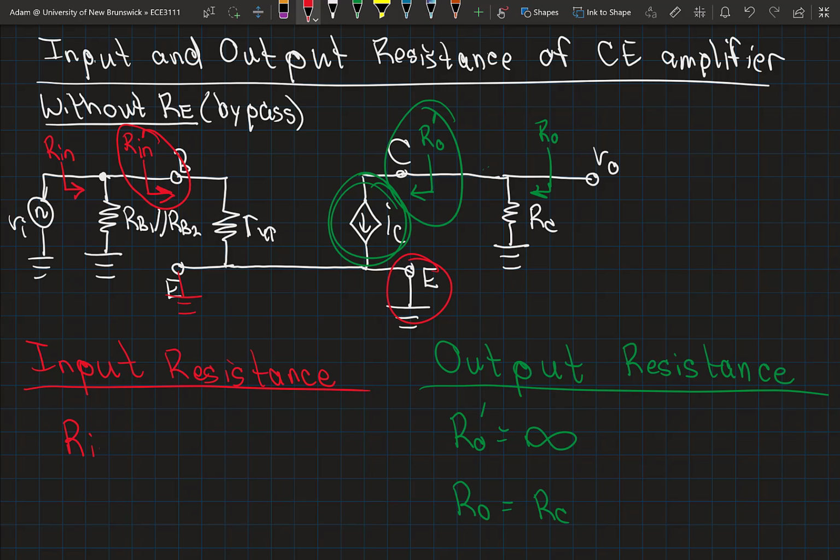So R in prime is equal to this R pi, the base to emitter resistance in our hybrid pi model.